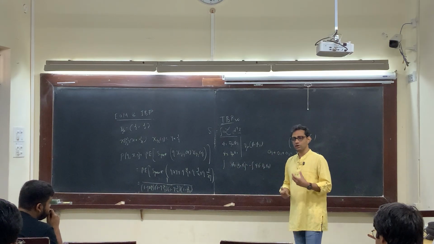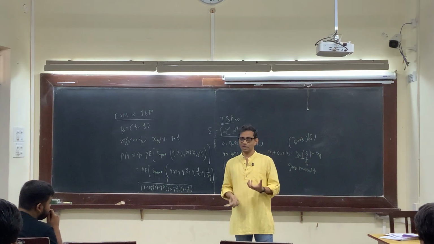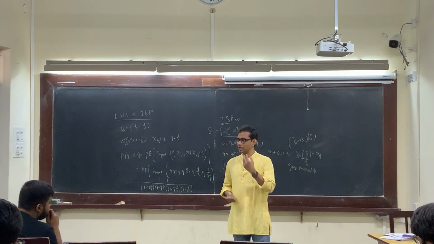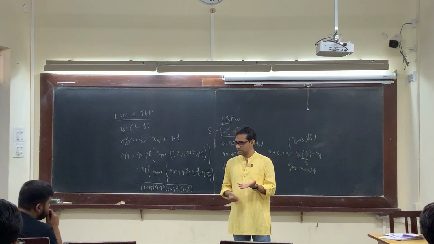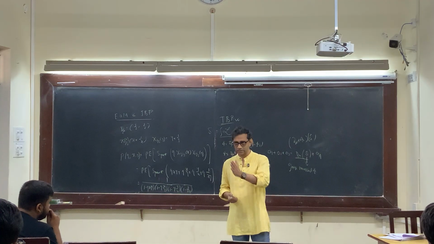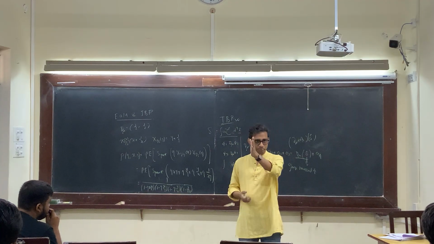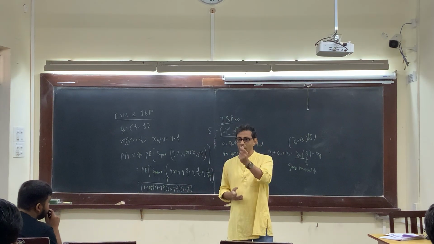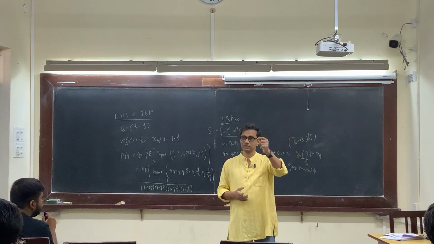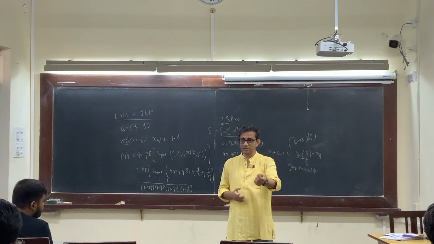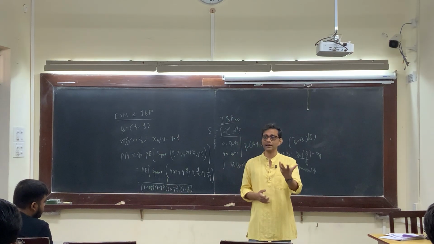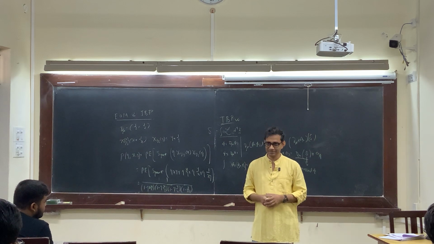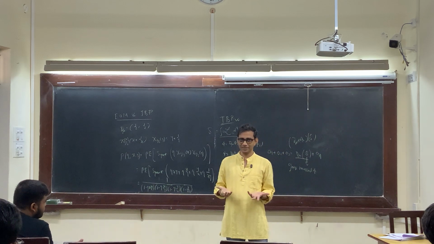What is the origin of this? When phi is transforming, that is a local transformation. So when ∂_μ acts on it, there is ∂_μ alpha, where alpha is the transformation parameter, and that alpha appears because phi is gauge charged. Now if I ask you what is the transformation property of phi dagger phi, it doesn't transform.